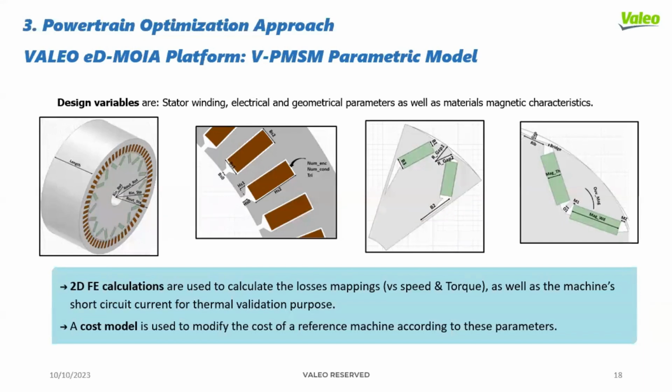We also connected this model to a cost model that will estimate the mass and the cost of the resulting machine. As you can guess, this model is built and calculated in GMAG, of course.